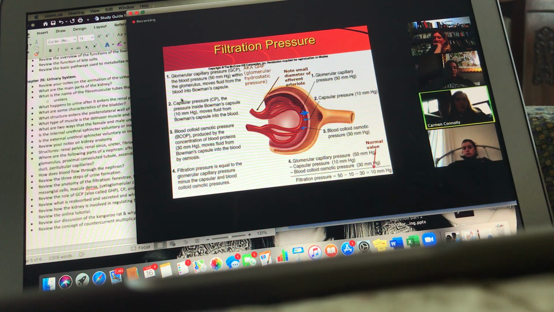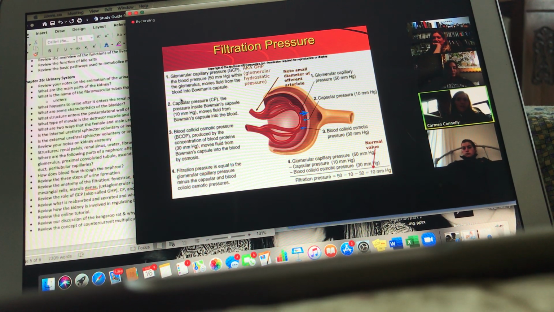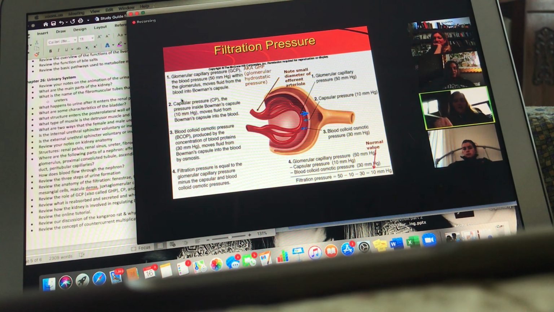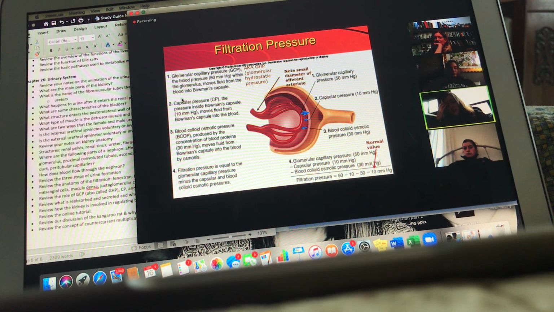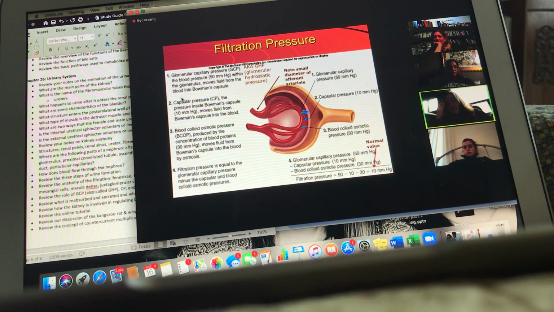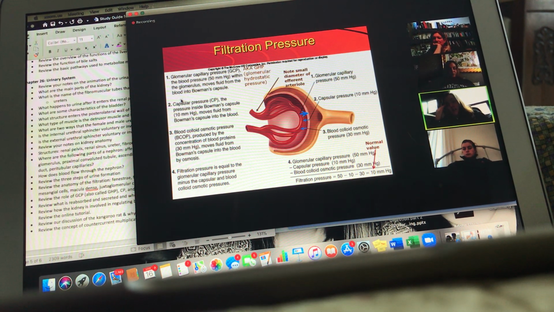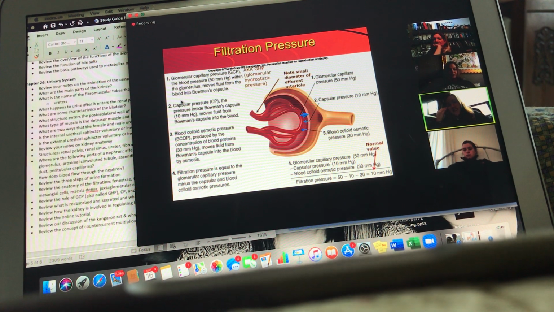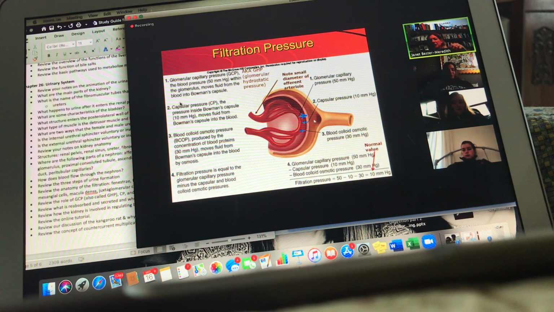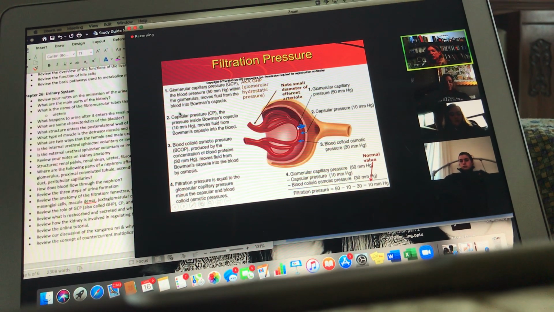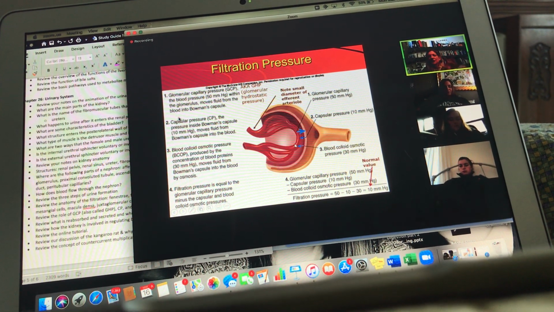The capsular pressure is the pressure exerted from the lining around the glomerulus. Mm-hmm. And then the blood colloid osmotic pressure is the pressure of water going back in. Yeah. So the colloid part means, what do we have left over in the blood after everything filters?